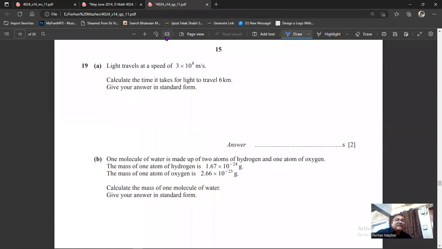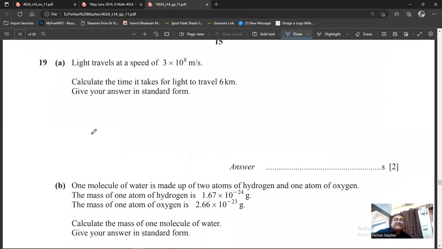Question number 19 is coming up on your screen. It says, light travels, question number 19A part. Light travels at a speed of 3 expo 8 meter per second. Calculate the time it takes for light to travel 6 kilometers, giving your answer in the standard form. This is in meter per second. This is in kilometers. So in meters, it will be 6,000 meters.